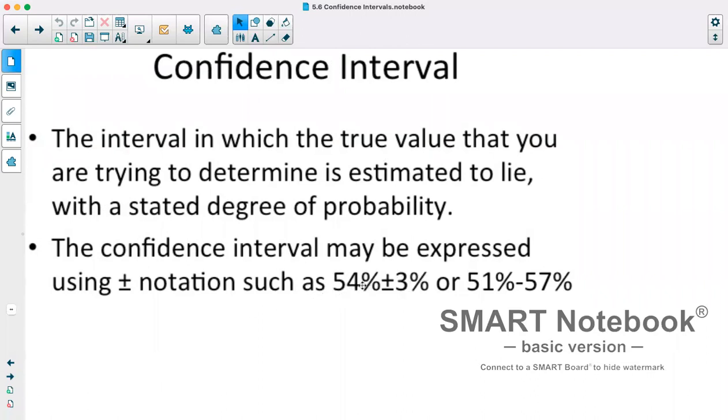So for example, from a survey, it's expected 54% of people will do something plus or minus 3%. That can also be rewritten as 51% to 57%. So this is our actual confidence interval, but plus or minus 3% is our margin of error. Writing it out as 54 plus or minus 3, or spanning out to 51 to 57, would be our confidence interval.